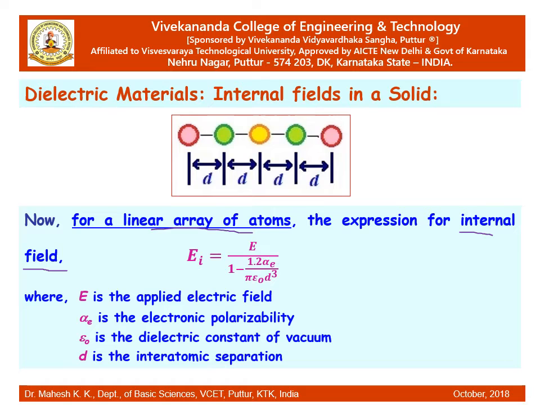The expression for internal field for a linear array of atoms is E_i equals E divided by 1 minus 1.2 alpha_e divided by pi epsilon naught d cubed, where E is the applied electric field, alpha_e is the electronic polarizability, epsilon naught is the dielectric constant of the volume, and d is the interatomic separation, which you could observe here.